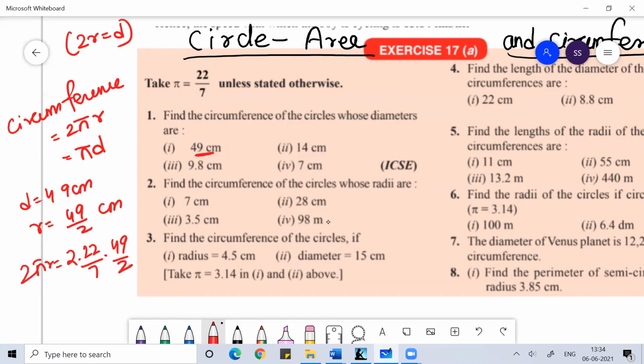With this we get the value 154 centimeter as the circumference. That is one way. The other way is that you simply multiply 49 with 22 by 7, 49 into 22 by 7, and you'll get 154.